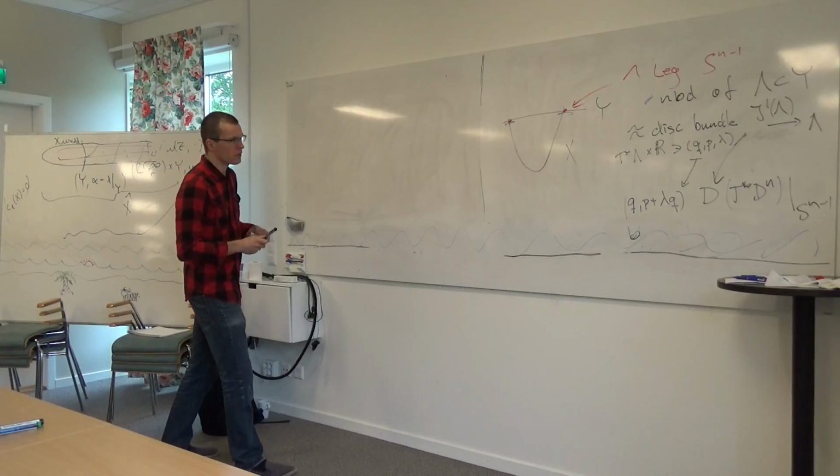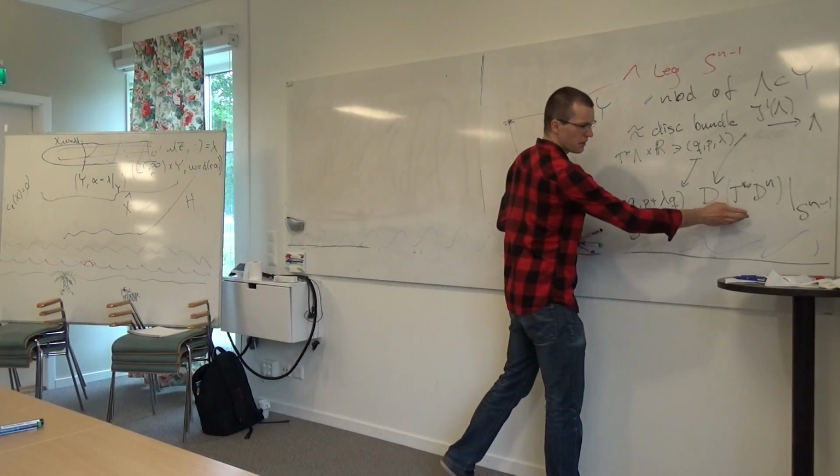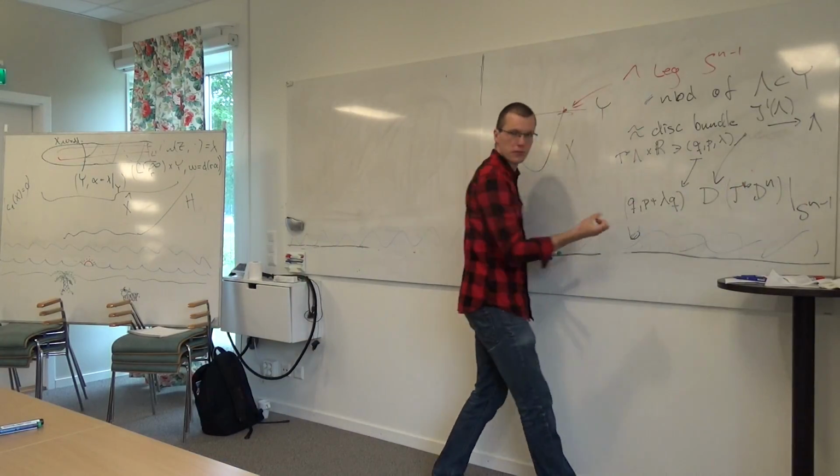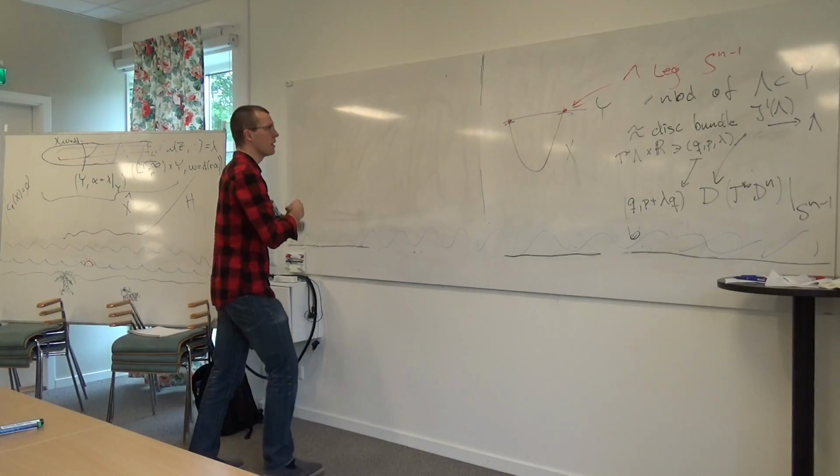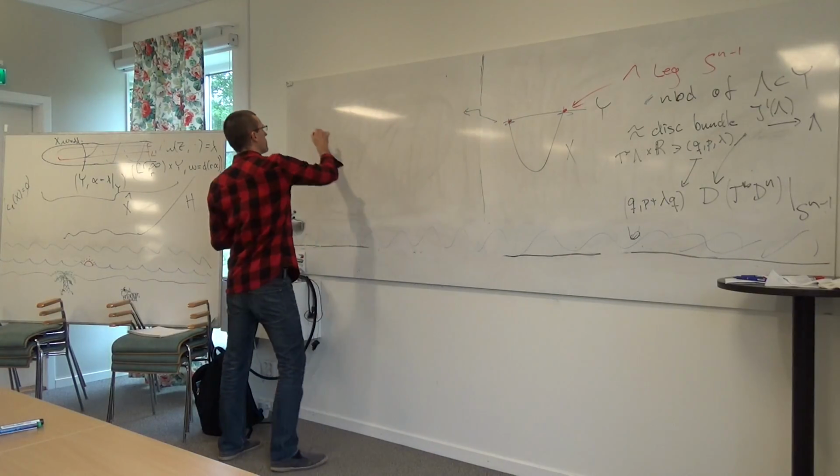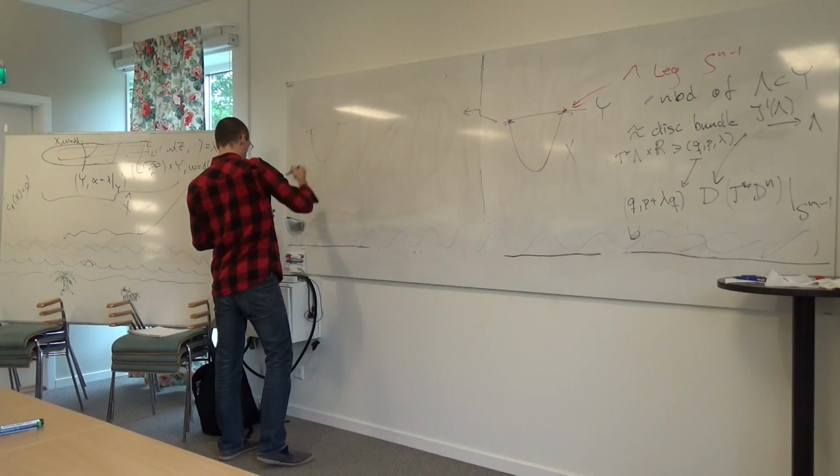Okay, so if we want to fill in this, there's a sphere at the boundary and we want to fill it in. So I draw some result.